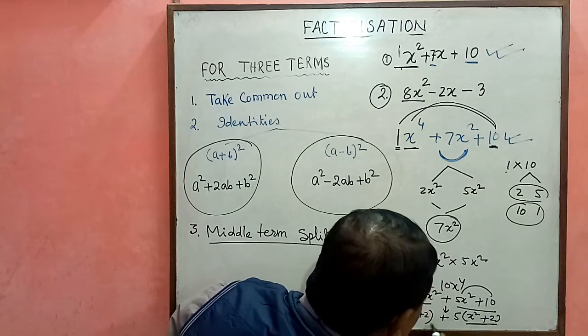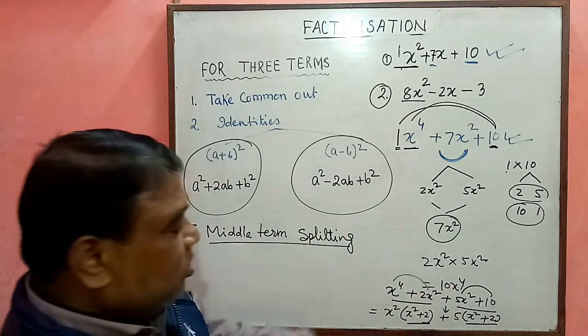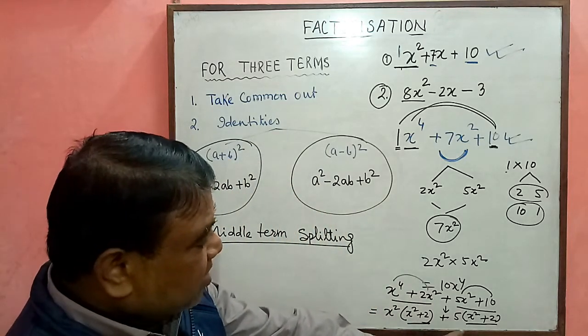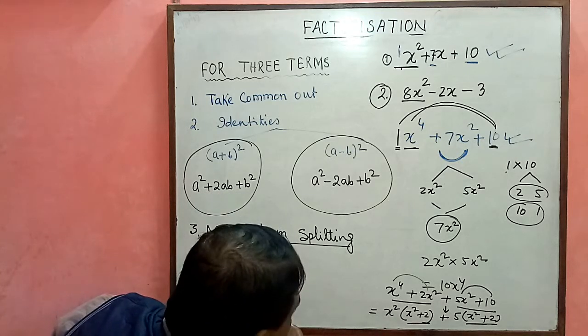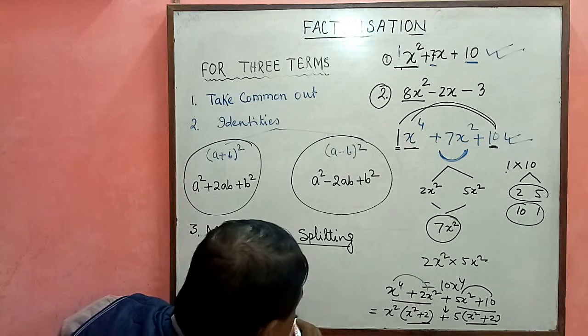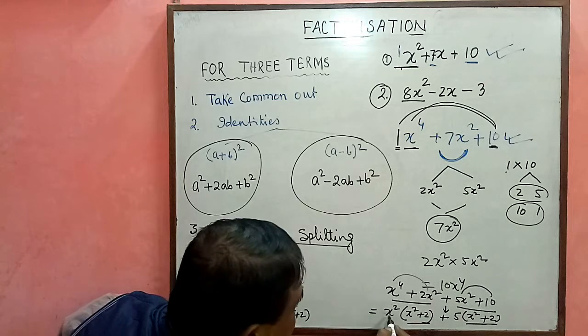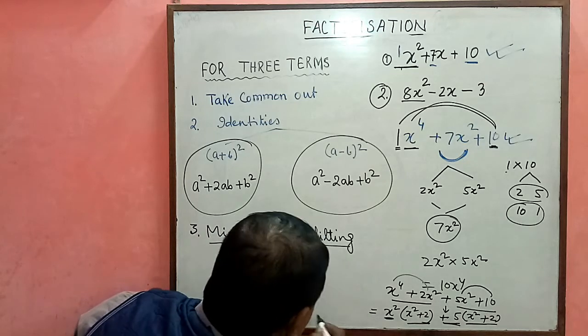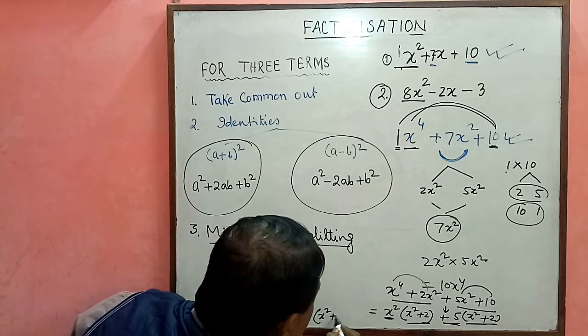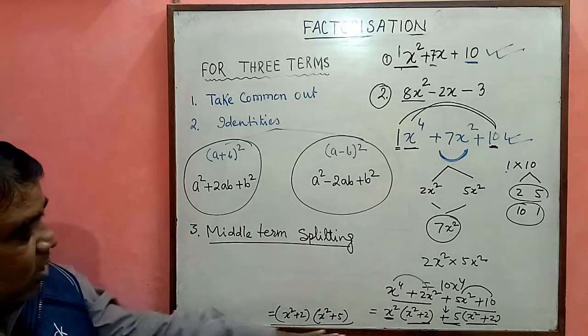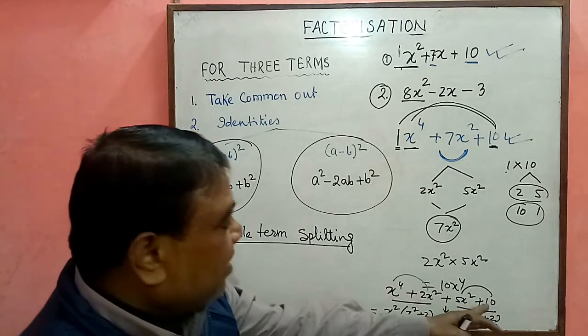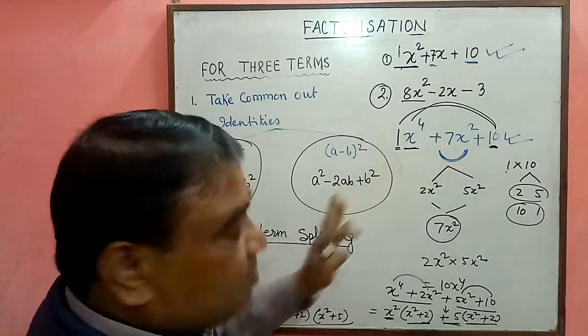You see we have created a common factor here. So this will help us reach our destination. You take the common out, x square plus 2, and this is again x square plus 5 remaining here. So these two are the factors of this identity.